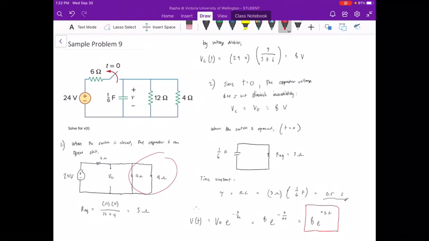Once we get this formula, we can calculate the value of the voltage at whatever time we need, but it usually diminishes or dissipates totally within a few seconds. So there you have it, class, our final answer. Our Vt is equal to 8 e to the power of negative 2t.